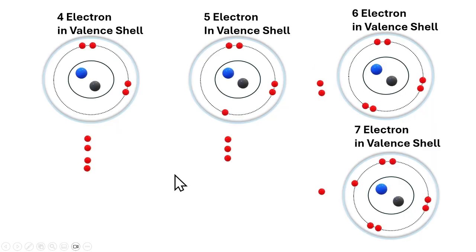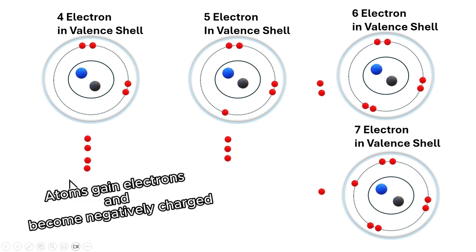Formation of negative ions, which are known as anions. Atoms having 4, 5, 6 or 7 electrons in their valence shell gain electrons to form anions. These are mostly non-metals. Gain of electrons increases the number of electrons as compared to the protons, which are positively charged, making the atom negatively charged.